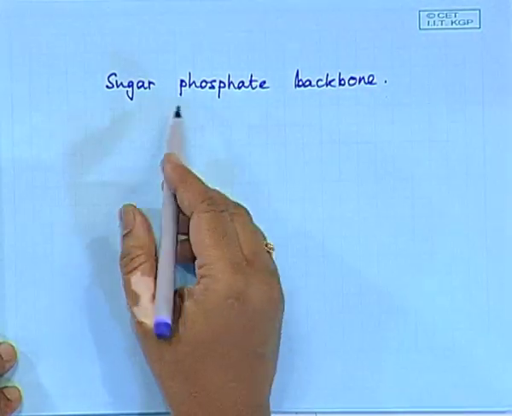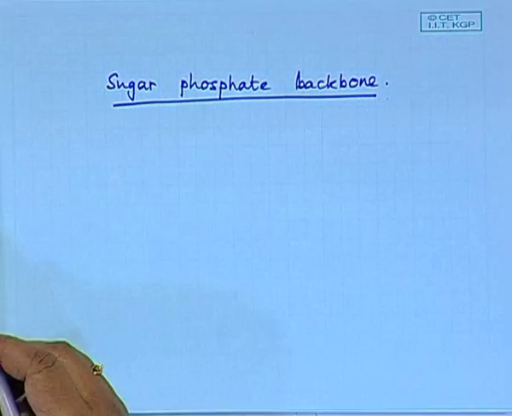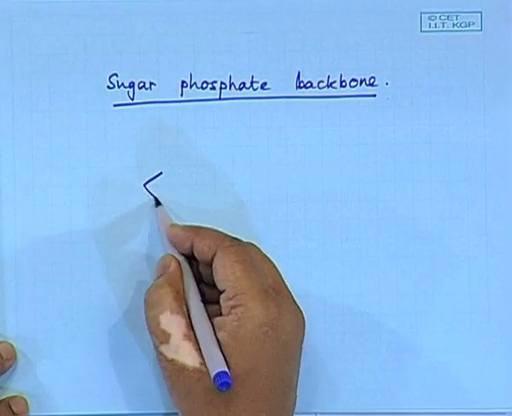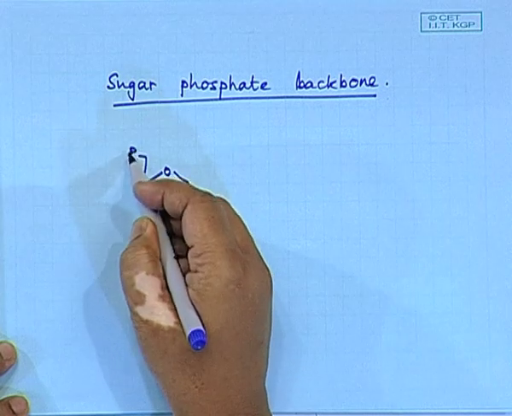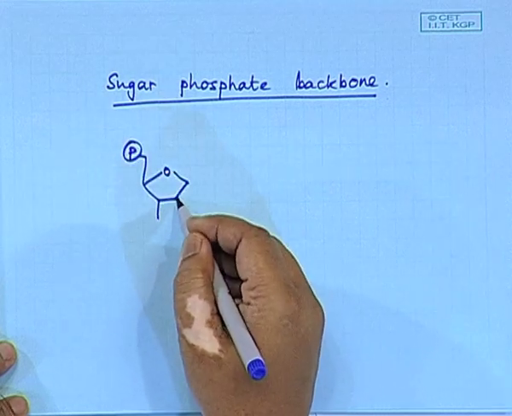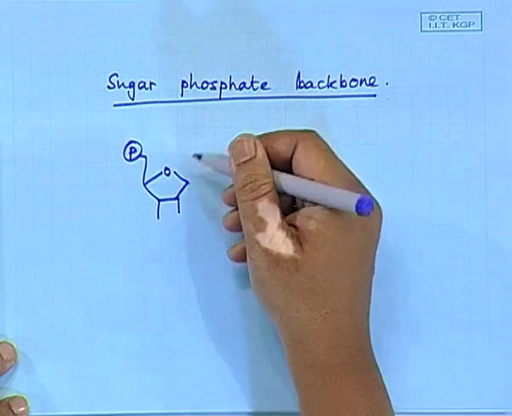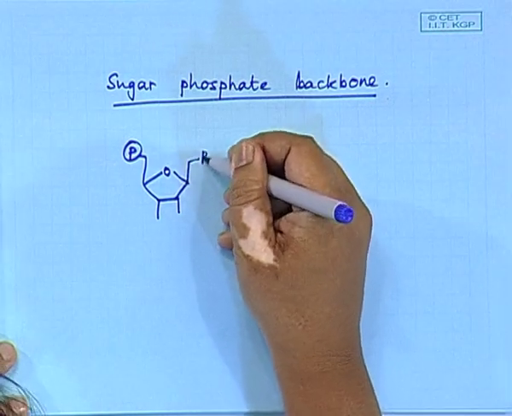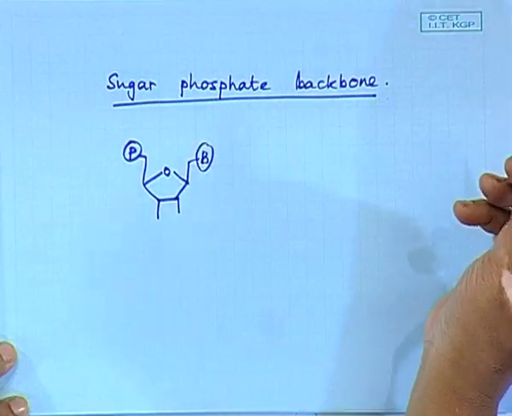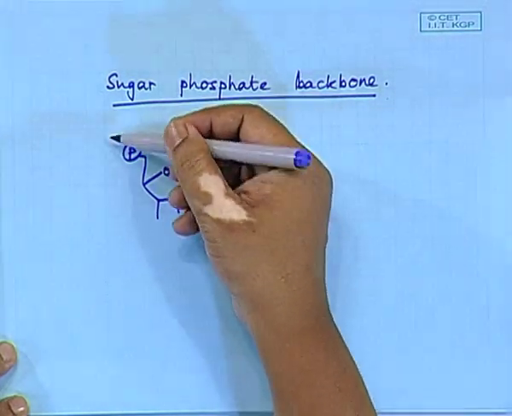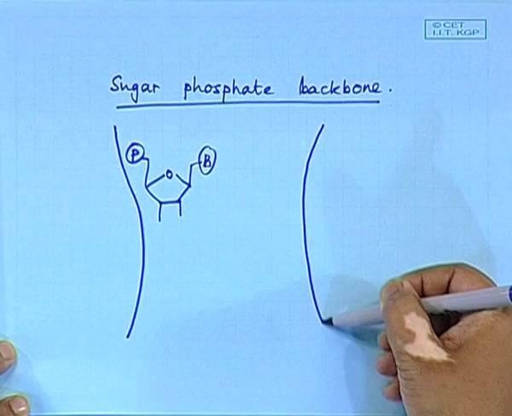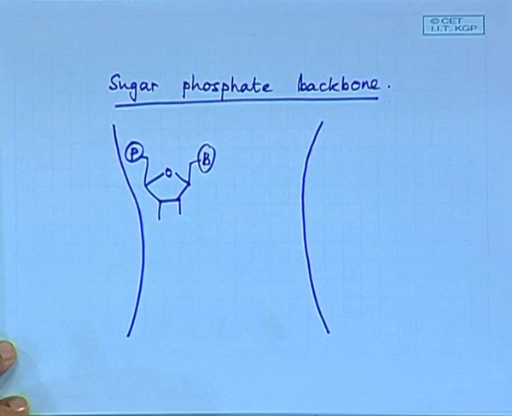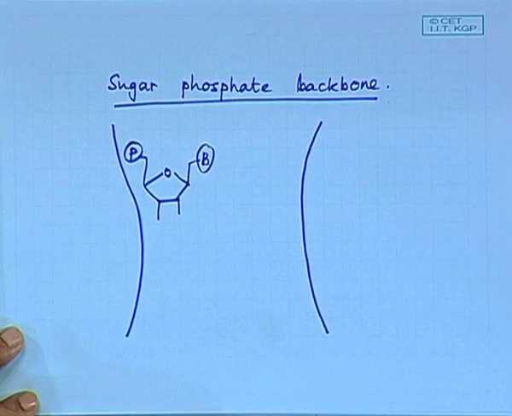What does the sugar phosphate backbone mean? It means you have this and you have your P, and you have your base attached here. Again, you are going to have one strand here and another strand here. We are going to look at how this happens later on.